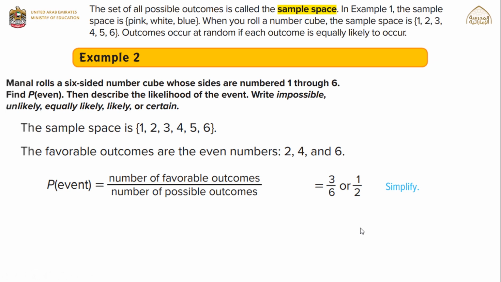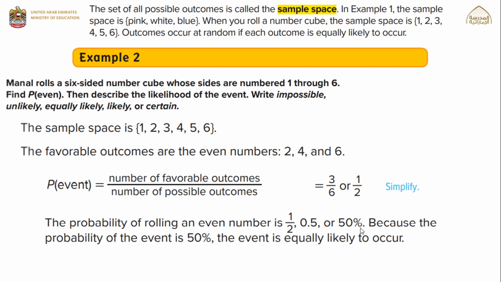Simplifying, we get 1/2. The probability of rolling an even number is a half, or 0.5, which is 50%. Because the probability of the event is 50%, the event is equally likely to occur.